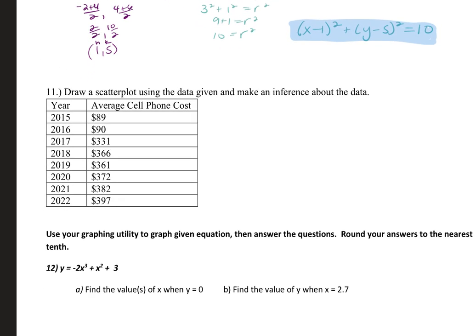All right, 11 says draw a scatter plot using the given data and make an inference about the data. So first thing I'm going to do is get myself a little grid. The x-axis is the year. The y-axis is average cell phone cost.